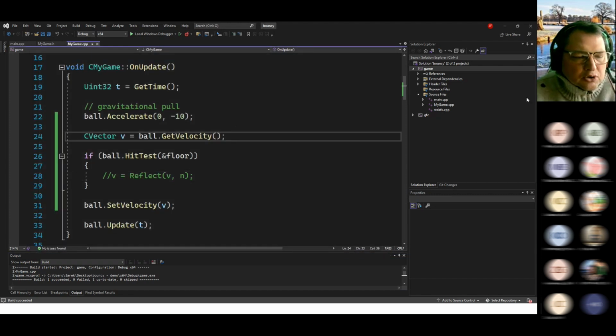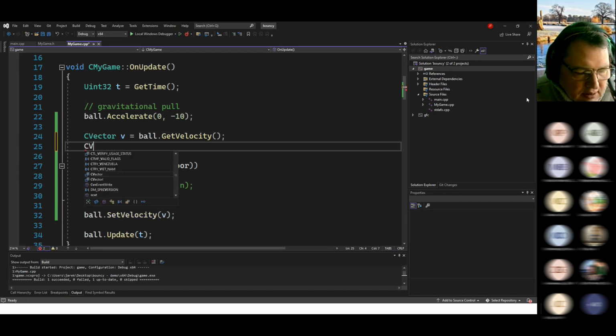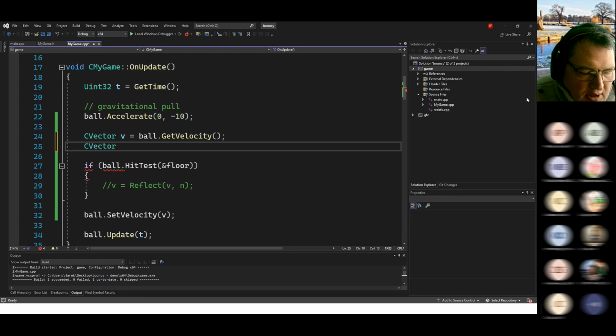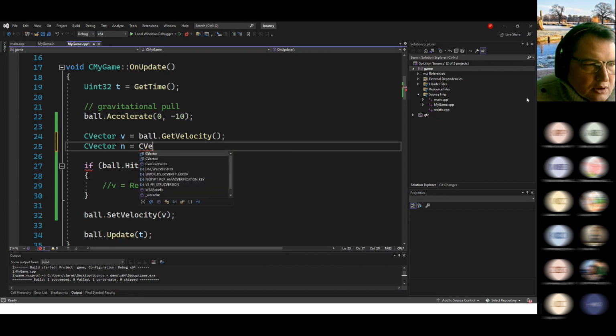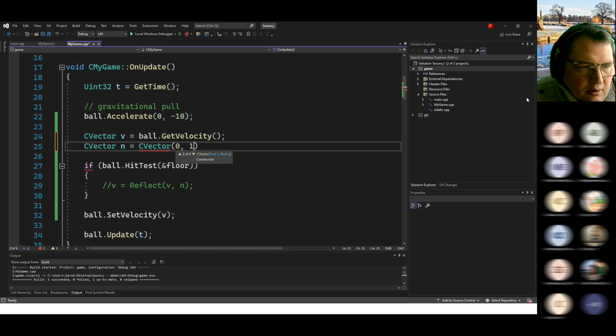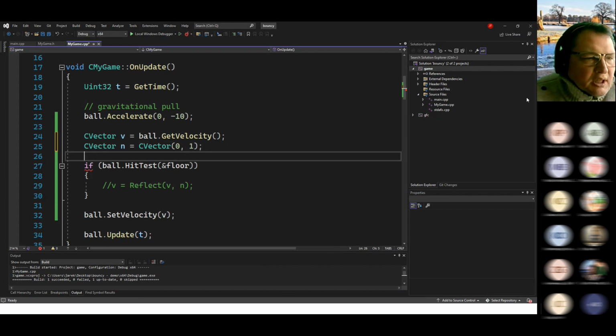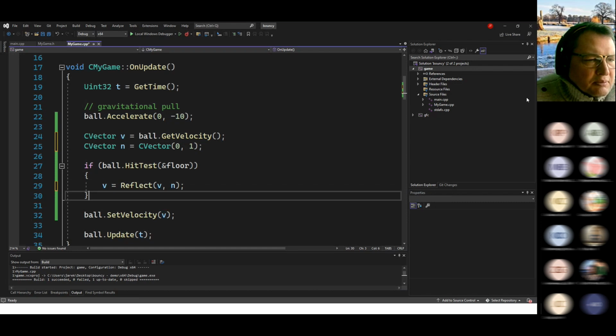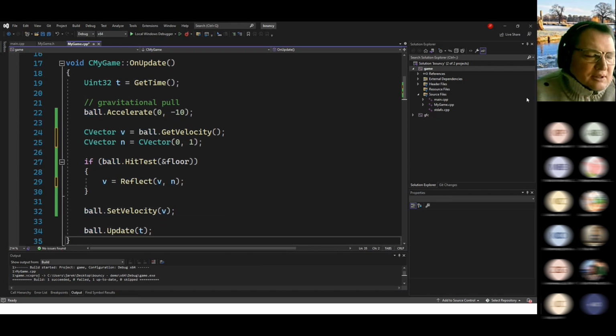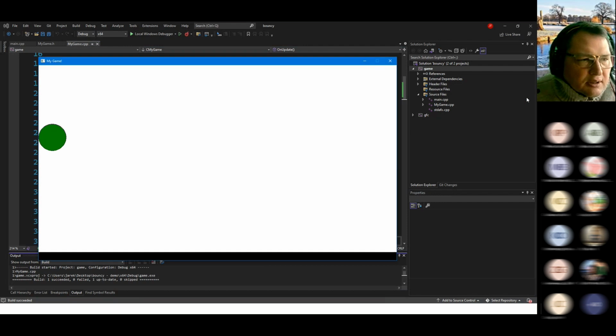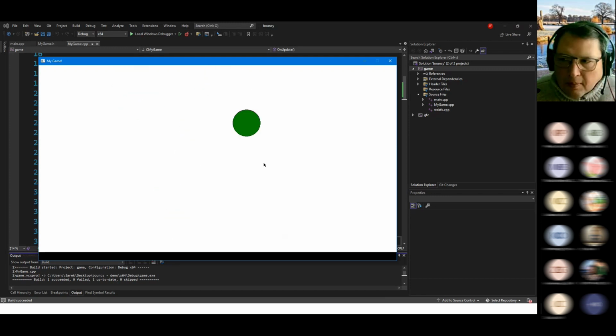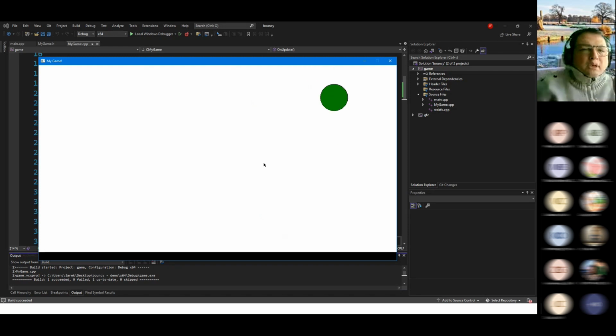So what I am going to do is just to add c vector n equals c vector 0, 1. And we will see if the reflect function, which I now have here uncommented, works. It works perfectly.